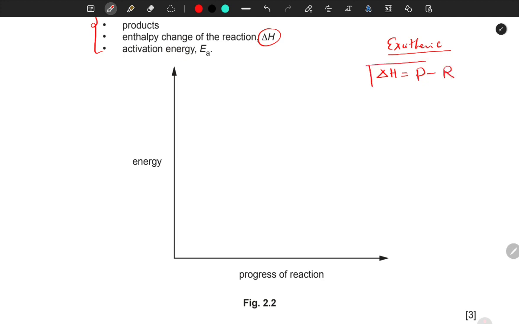Usually when delta H is negative, it means the reaction is exothermic. We can only get a negative number here when the products are lower than the reactants. So the reactants should be a little bit higher.